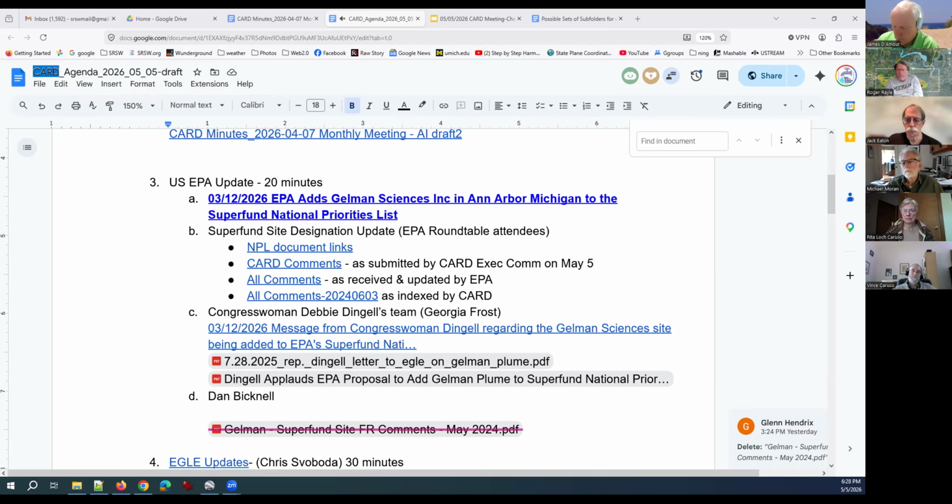So I would recommend that we use the CARD organization, since we have this history and we have the list of people. There are 200 some people on our list, so you will reach a lot more people through CARD, and we're the official group that's sanctioned by all the local governments and the citizen groups.